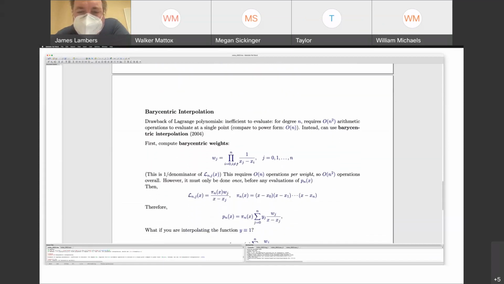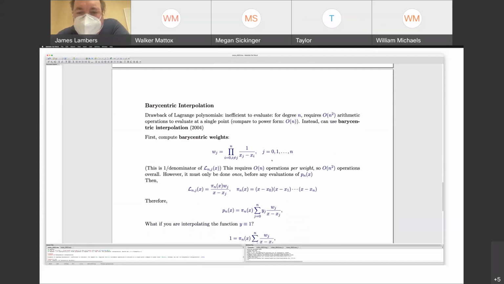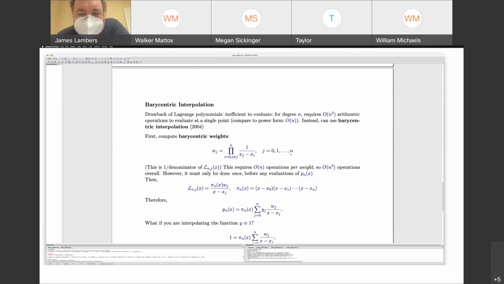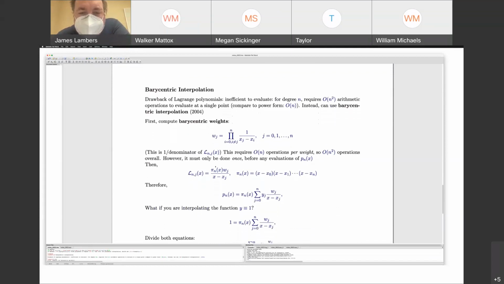So we go ahead and compute these just one time. Now, this still incurs order n squared operations to get all of the weights, but it only has to be done once, and then you can reuse them. This leads to another way of writing the Lagrange polynomial.